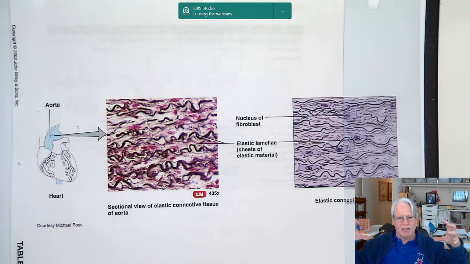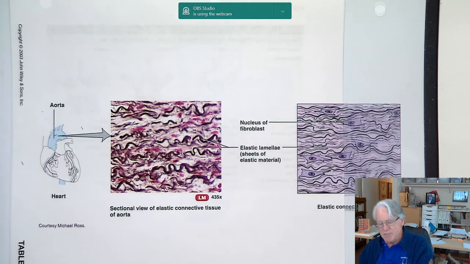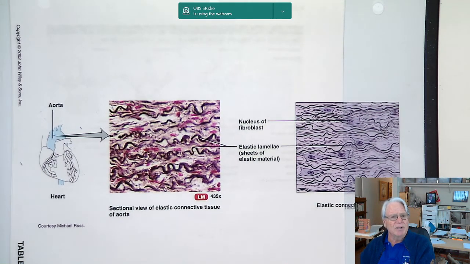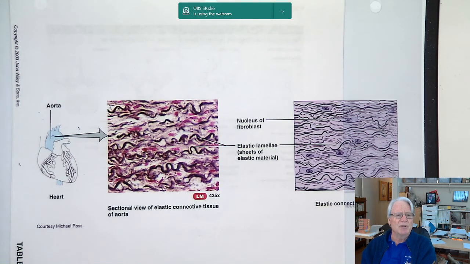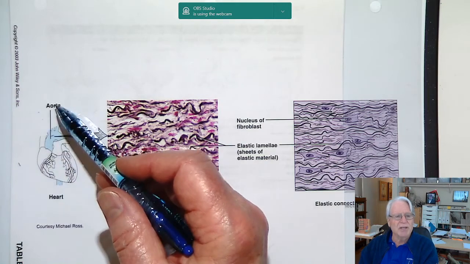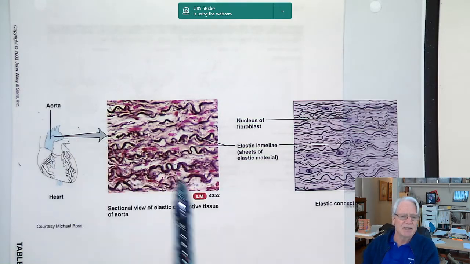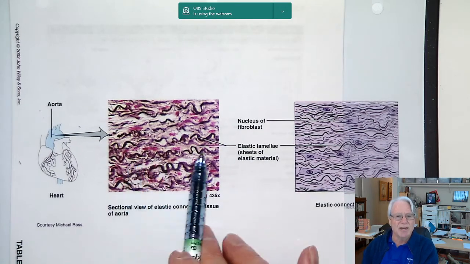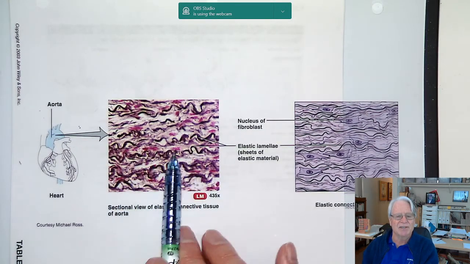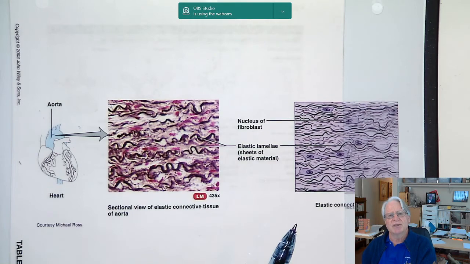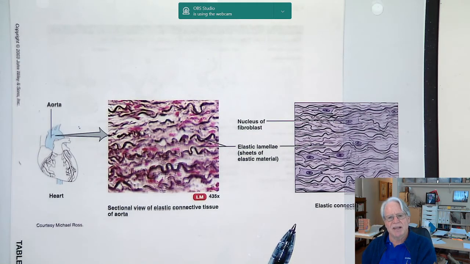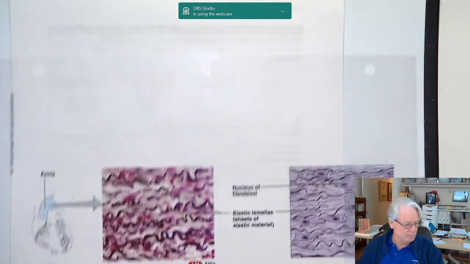Then it pumps again, and it slowly returns, and it pumps again, and it slowly returns. And that maintains blood pressure and keeps the flow of blood through the system. So systolic and diastolic pressures, one being the heart contraction and one being the pressure that's produced by these elastic arteries. And they are doing that because of all of this elastic tissue that we see in that type of tissue. So that's elastic connective tissue.